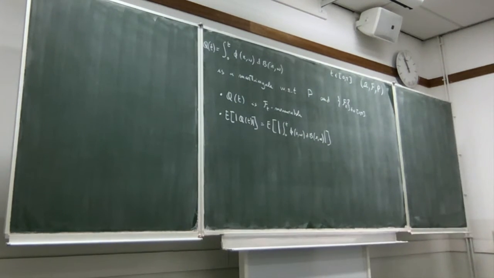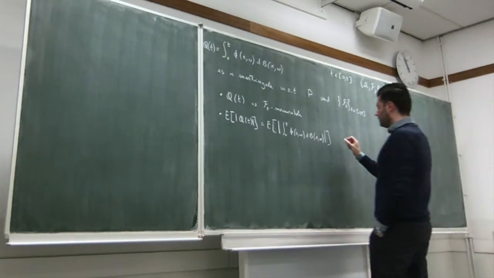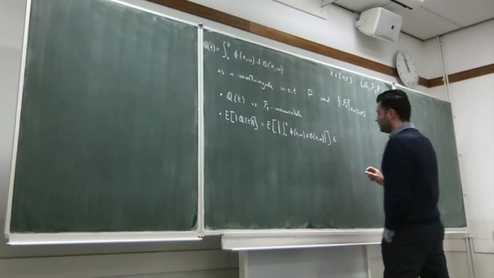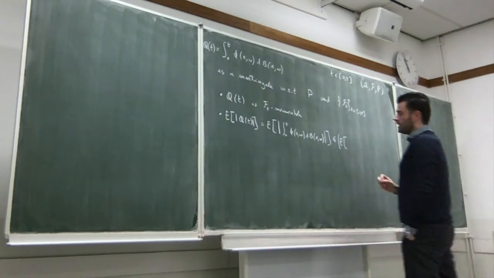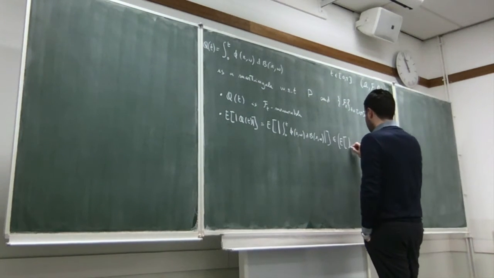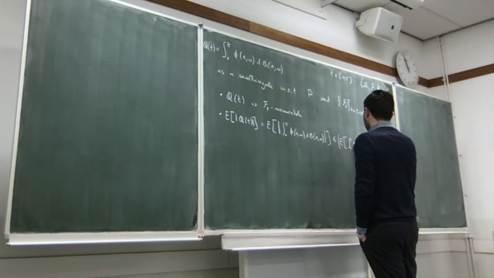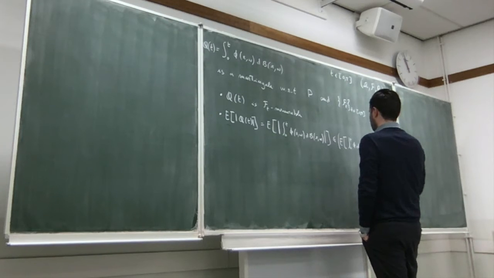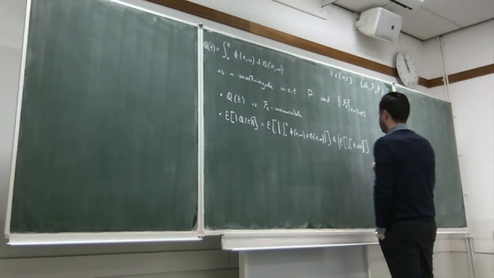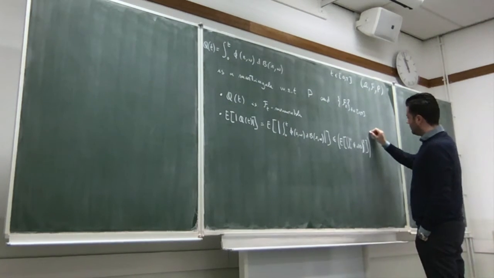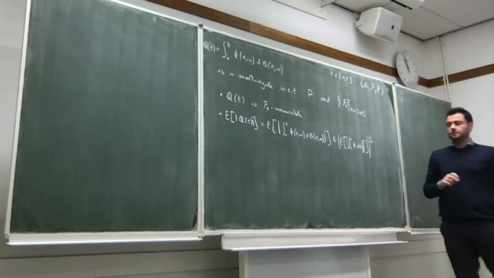But now I hope you will agree with me that this quantity is smaller than or equal to the expectation of the integral from 0 to t of phi dB, squared, and then I take the square root.